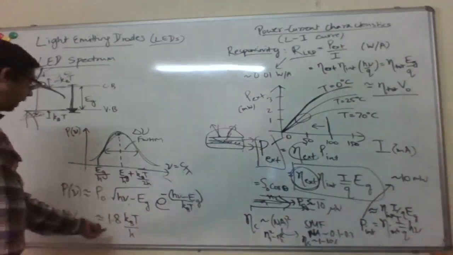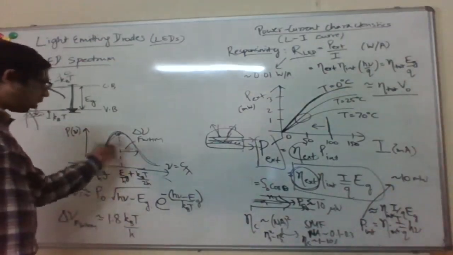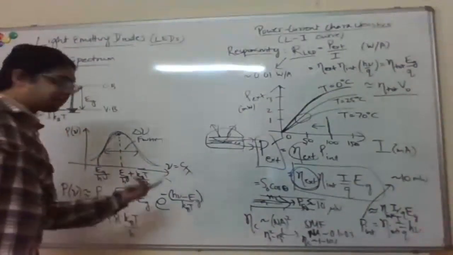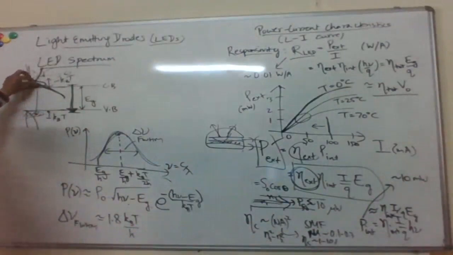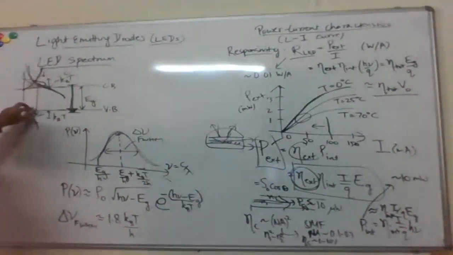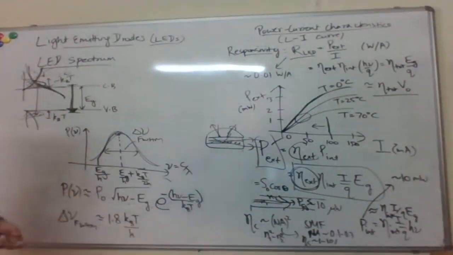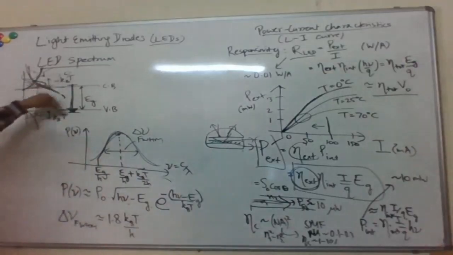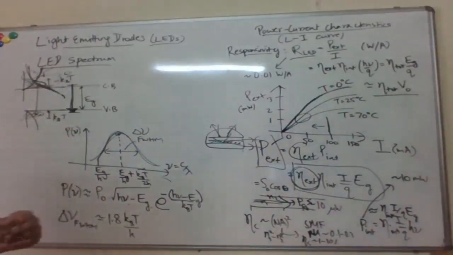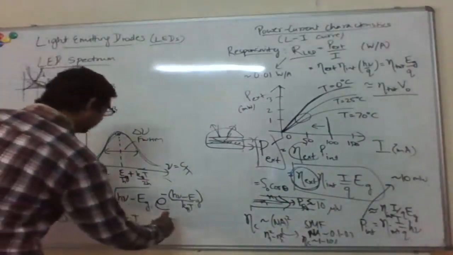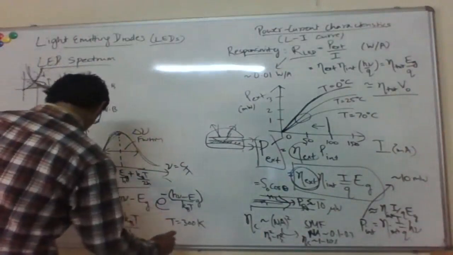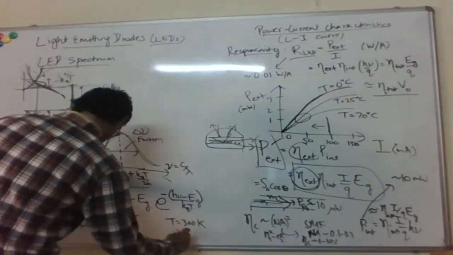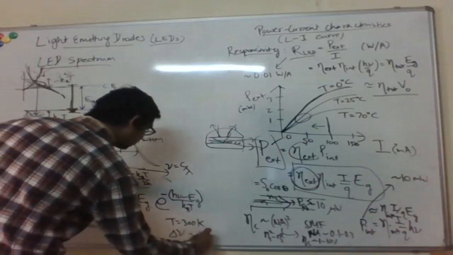So you can see for an LED, how broad the spectrum is is just determined by the temperature at which you are operating, because it gives you the spread of energies over which these charge carriers are distributed. So it gives you a spread in the frequencies of the emitted photons. For example, if you put room temperature here, 300 Kelvin, this comes out to be about 11 terahertz.